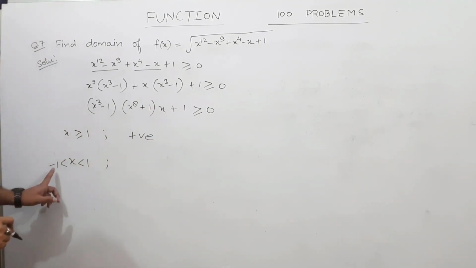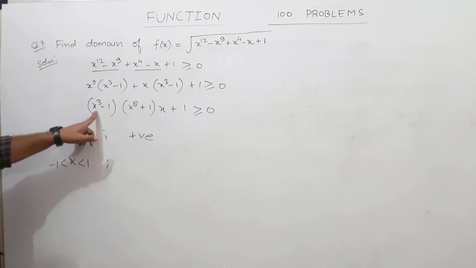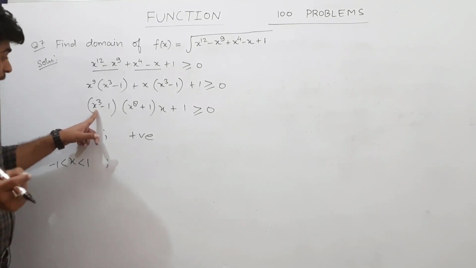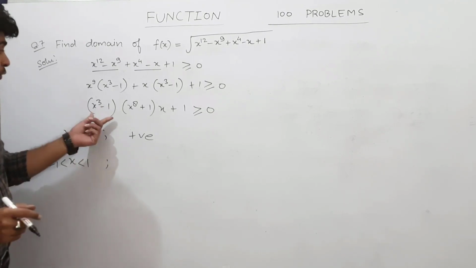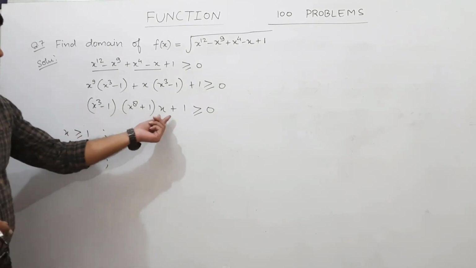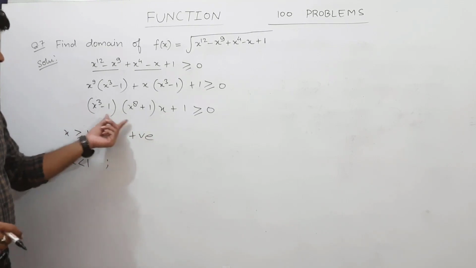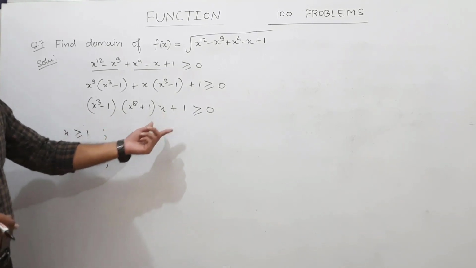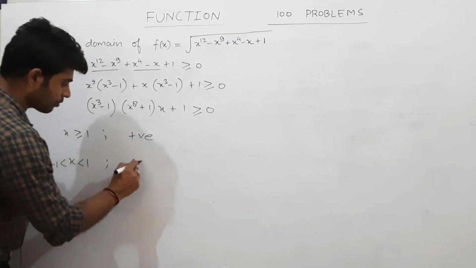And also in between minus 1 to 0, if you take a negative fraction cubed, it is a negative fraction, minus 1 means a negative value. Here it will be positive, here it will be negative. So negative, negative, positive. The product will become positive plus 1, means always positive.